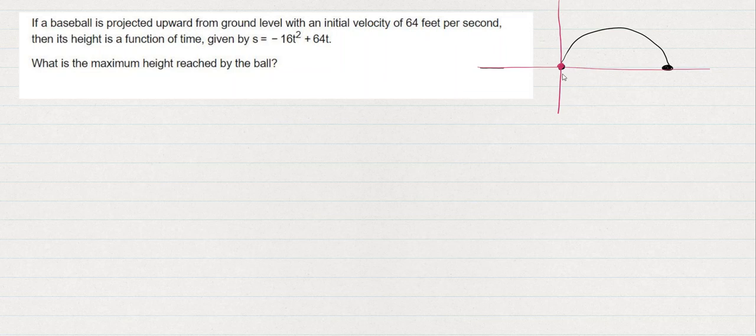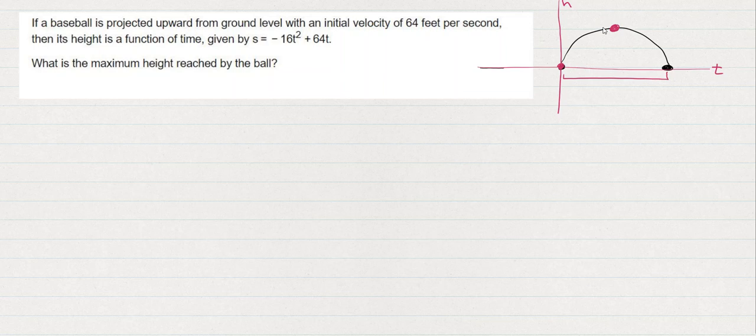And what we're looking for at this point is, so here's the t, the time, and here's the height. But what is the time elapsed before it hits the ground again? Or in this case, find the height, the maximum height that the ball reaches.